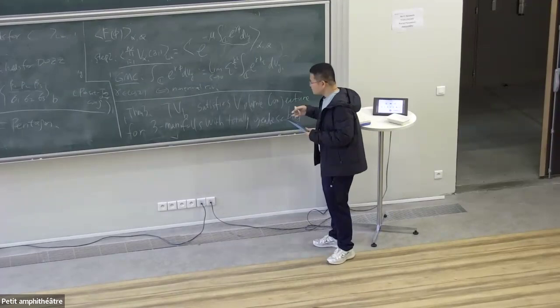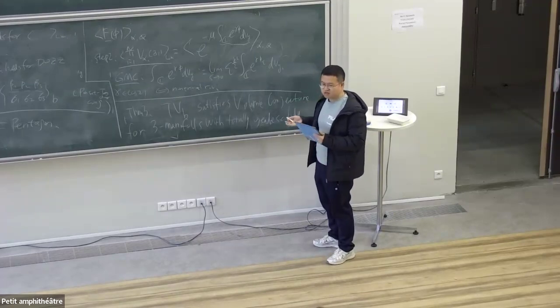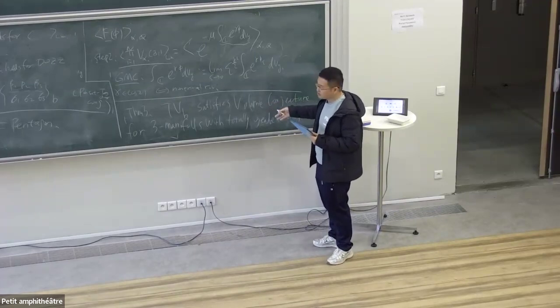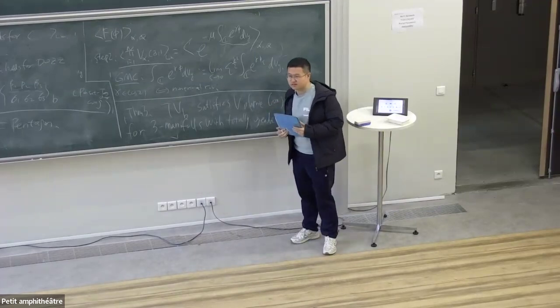For people who know the volume conjecture, you will know what I'm talking about. For people who don't know, I don't have time to explain. But next Wednesday, Baojing will give a talk about it. Thanks.